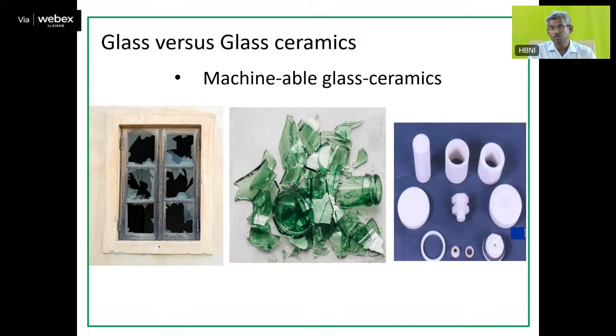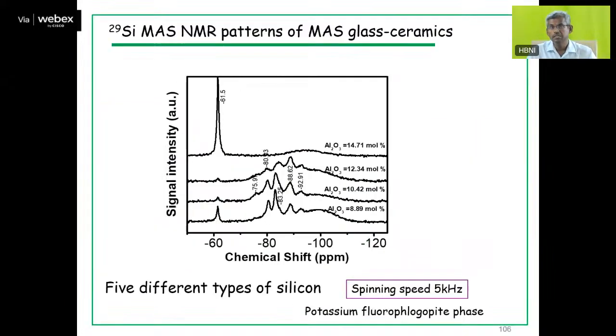The conversion of glass to glass ceramics can be monitored with the help of silicon 29 magic angle spinning NMR, because there is a component called a fluorophosphate phase. It is nothing but a borosilicate glass, an aluminum silicate glass, structural unit only. It has 5 different types of silicon, as can be seen from here: 1, 2, 3, 4, 5.